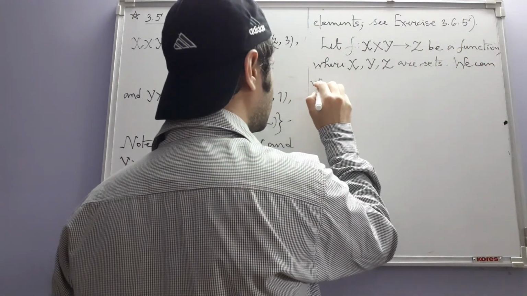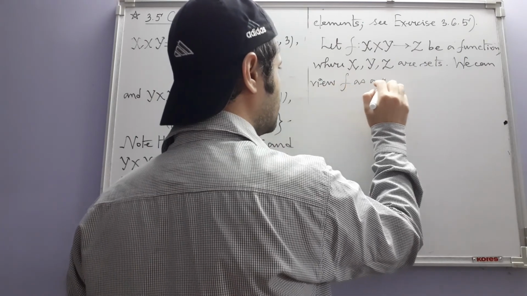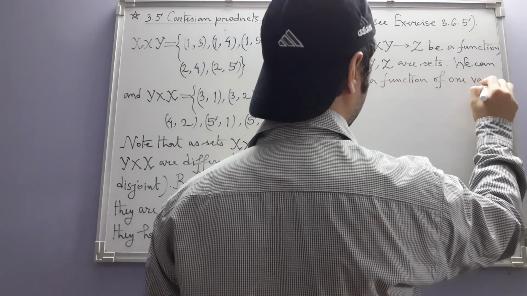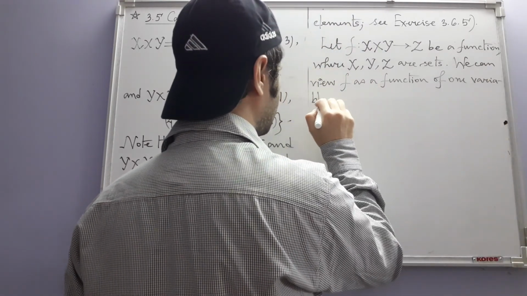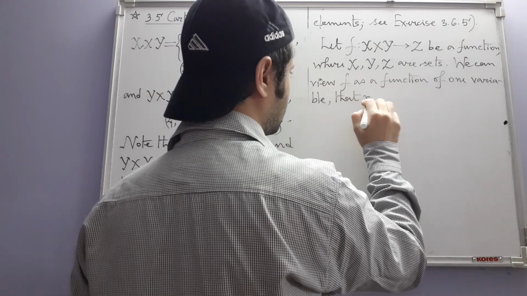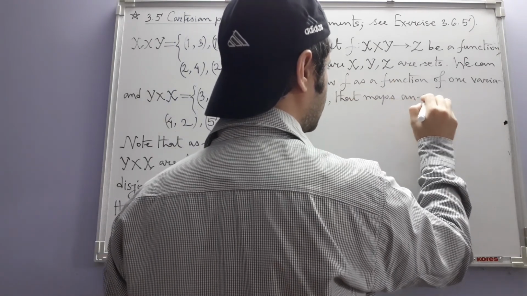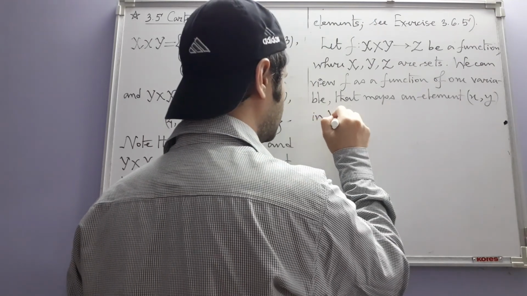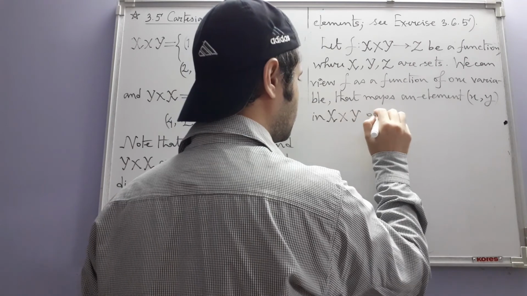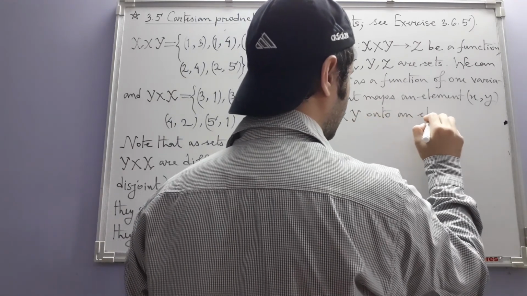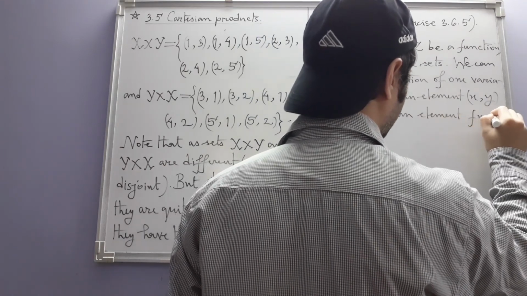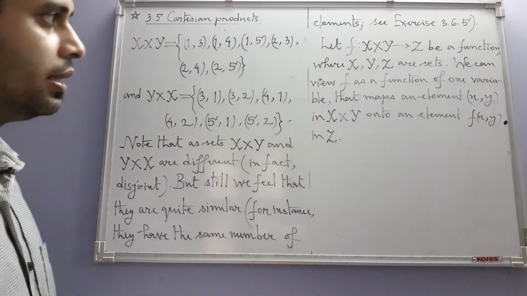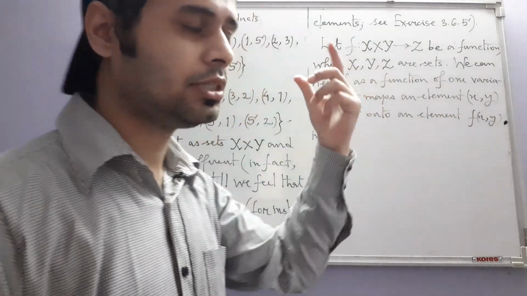We can view f as a function of one variable that maps an element (x, y) in the domain onto an element f(x, y) in Z. Okay, it's a function whose input is this ordered pair which is treated as a single object.